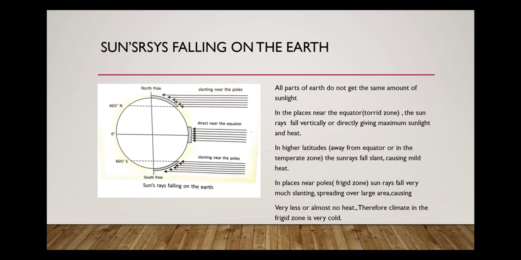When we go towards the pole, at a little higher latitude away from the equator, in the temperate zone, the sun rays fall slanting, causing mild heat and mild temperature. But when we go near the poles, that is the frigid zone, the sun rays fall very much slanting, spreading over a large area and causing very little or almost no heat at all. Therefore, the climate in the frigid zone is very cold.